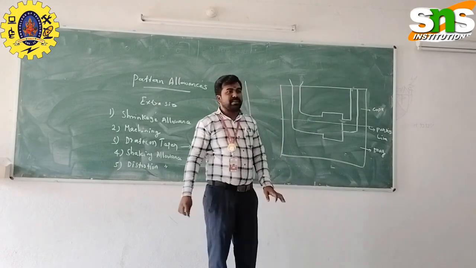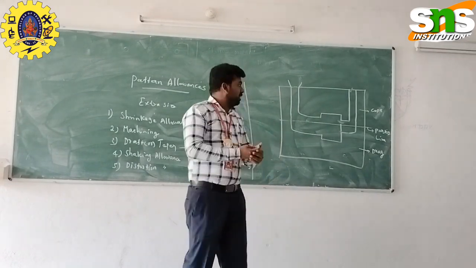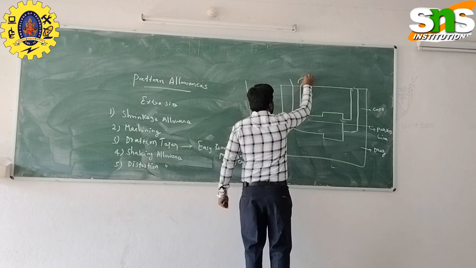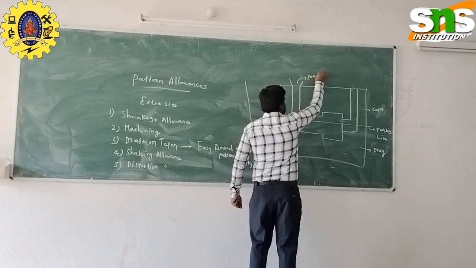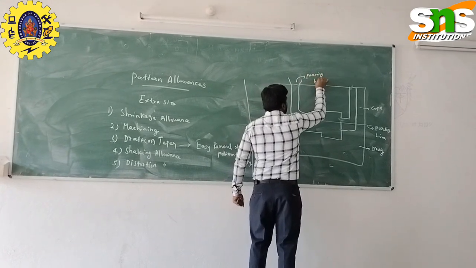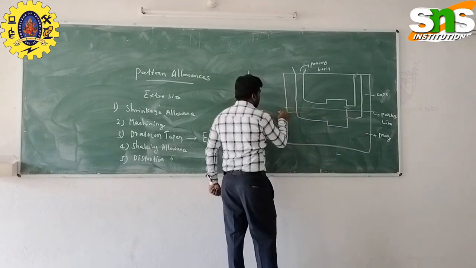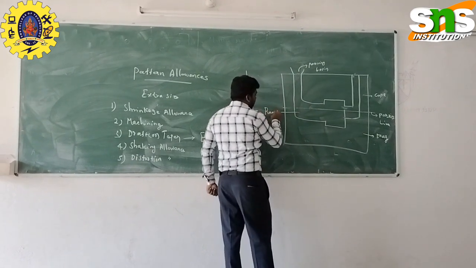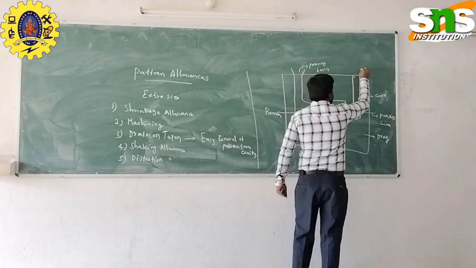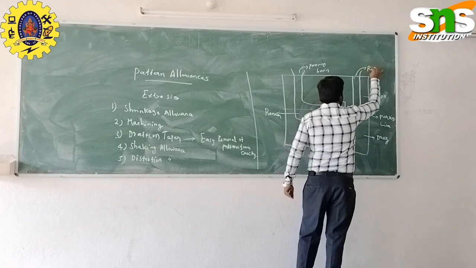Consider this is the simple representation of the casting process. So this is the pouring basin. This is the runner. It is called the riser.